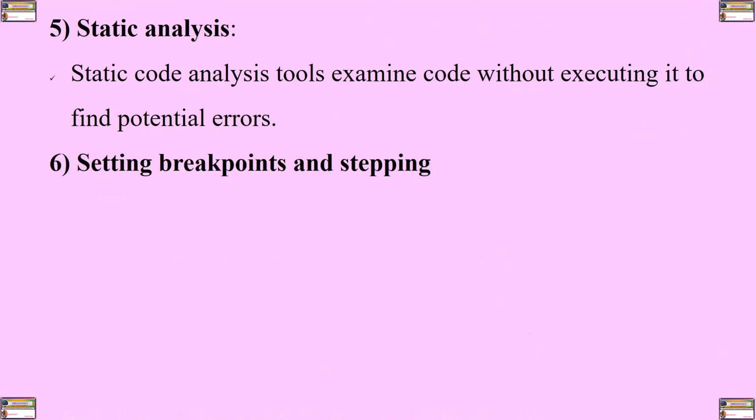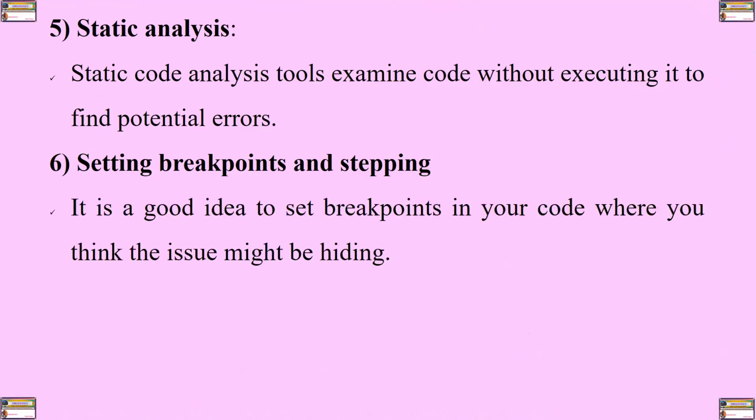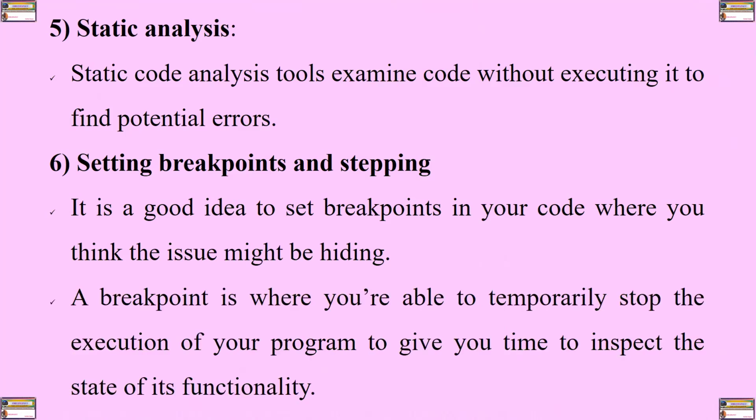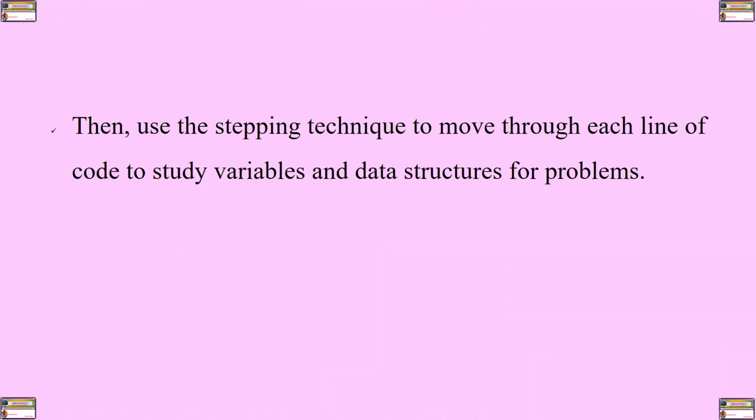The 6th one is setting breakpoints and stepping. It is a good idea to set breakpoints in your code where you think the issue is. A breakpoint is where you are able to temporarily stop the execution of your program to give you time to inspect the state of its functionality.